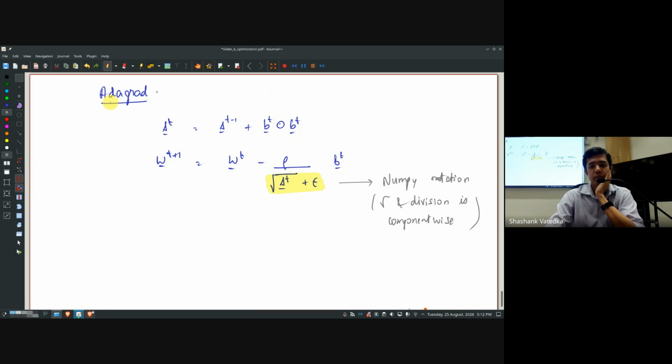All right. In fact, what you can prove is that the Adagrad algorithm is going to converge at least as fast as gradient descent. And empirically, in many cases, Adagrad performs better than standard stochastic gradient descent. But our primary focus will not be on Adagrad itself, but rather on improvements to Adagrad.